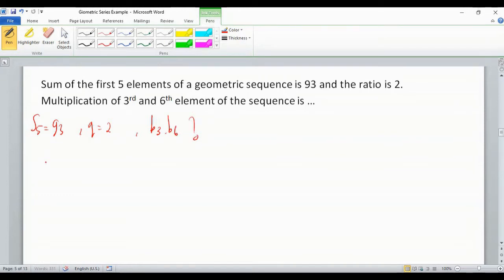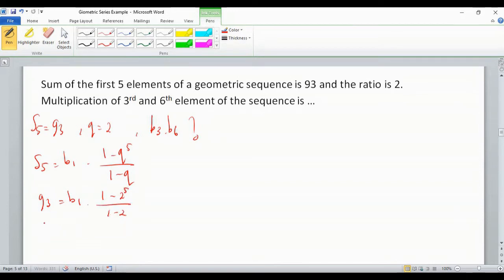Okay, so from here we know that S5 equals the first term times 1 minus k to the power 5 over 1 minus k. S5 is 93. B1 is what we want to know to find B3 and B6. So 1 minus 2 to the power 5 over 1 minus 2.